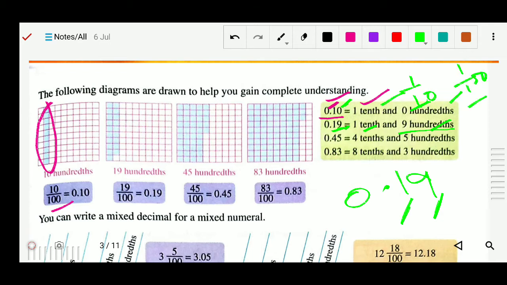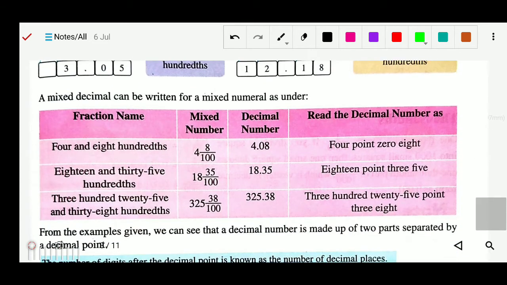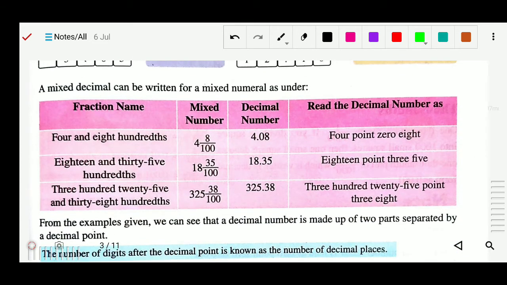Now see here, 3 and 5 by 100 means 3 is the whole part, so we write 3 point, and this is 0.05. Like 12 and 18 by 100: 12 is the whole part, then after the point, 18 by 100 is written as 0.18. Now next, you can see the fraction name, mixed number, decimal number, and read the decimal number.